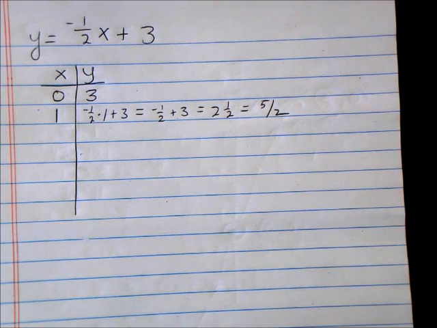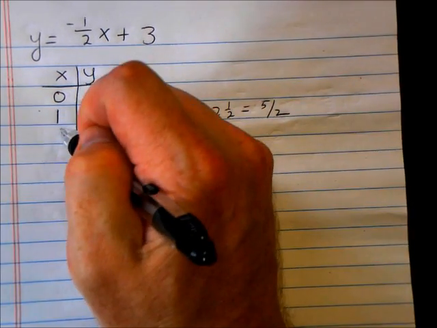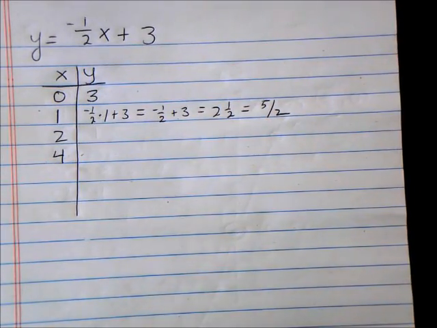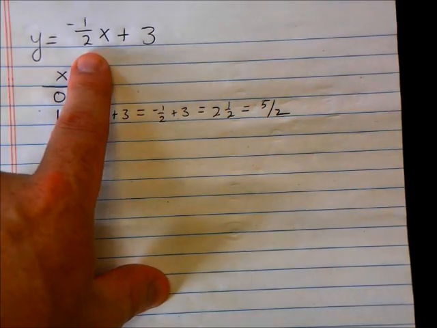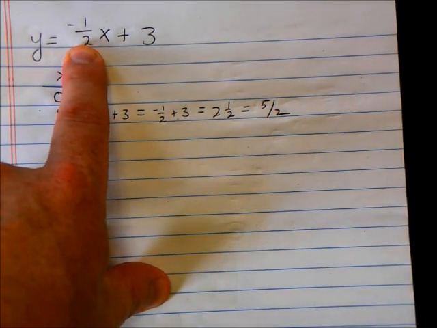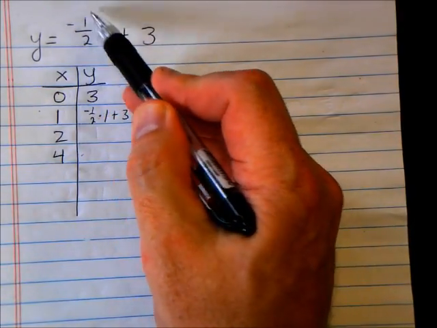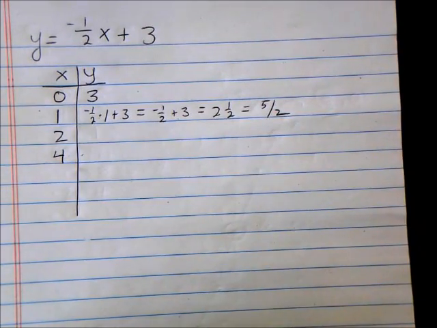So what is a good number to plug in? 2 and 4 would be very good numbers to plug in. Why 2 and 4? Because they're even. And what's going to happen when I take an even number and divide it by this 2 that shows up here? I get a number. I don't get a fraction, do I? So if this number in front here is a fraction, then you want to pick your numbers a little bit more cleverly, perhaps.